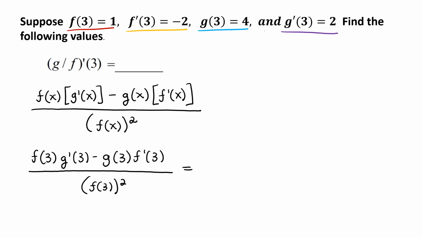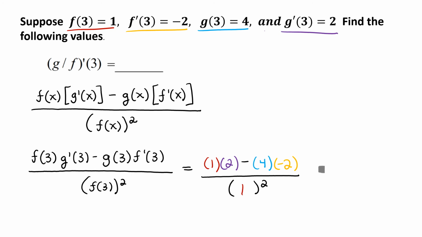F of 3 is equal to 1, g prime of 3 is equal to 2, minus g of 3 is equal to 4, and f prime of 3 is equal to negative 2, all over f of 3 squared, and f of 3 is 1.